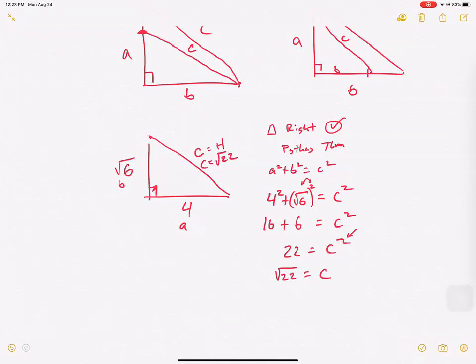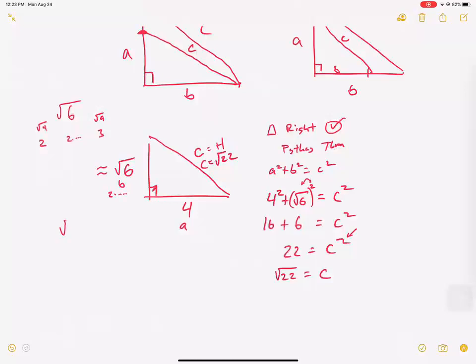Now, let's verify in a very simple manner, is C my largest side? A is 4, B is about, what is square root of 6 about? Square root of 6 is between the square root of 9 and the square root of 4, so this is going to be 2 point something.